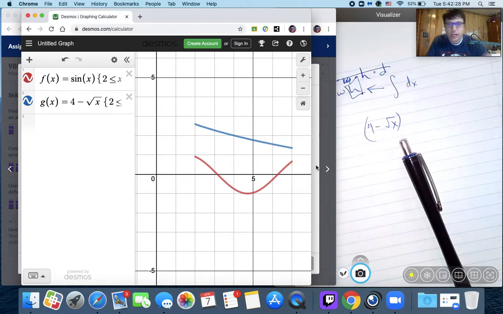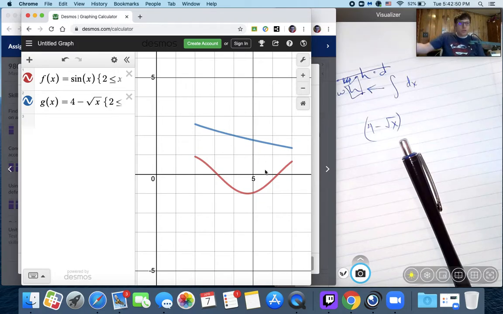If we integrate just g of x, we're going to get the area that goes between g, the blue function, and the x-axis. If we integrate the red function, we get the same thing. Some of it will be negative, but ultimately it's all what's contained between the function's curve and the x-axis. We want the space between them.